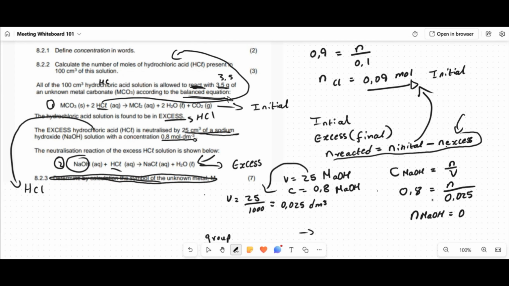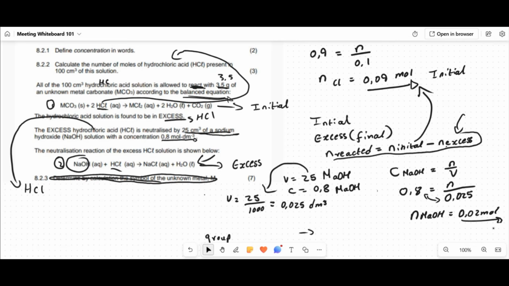You just cross multiply: 0.02 mole. Those are the number of moles of sodium hydroxide, not hydrochloric acid.